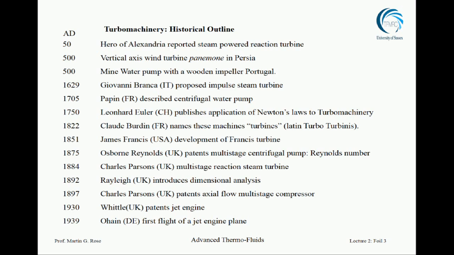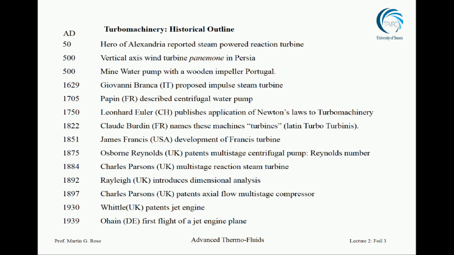From Persia in the year 500 AD, obviously modern day Iran, there's a vertical axis wind turbine that has been found called, I don't know how to pronounce it, but Panemone is how it looks to me. And so this is the first example of a recognizable, useful machine driven by the wind.